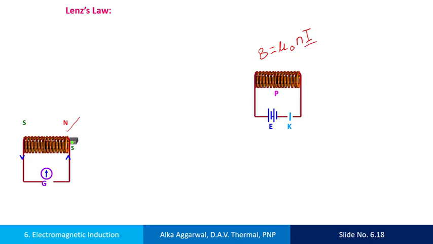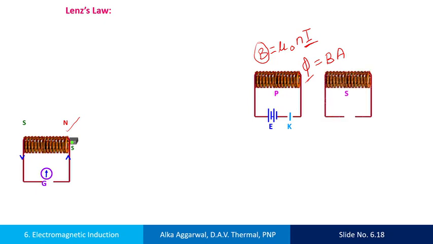If this current is variable, then the magnetic field is variable, and if the magnetic field is variable, then the flux linked with the coil is variable. And if the flux linked with this coil is not constant, then this flux can produce a current in the neighboring coil. Now see, it is a neighboring coil.